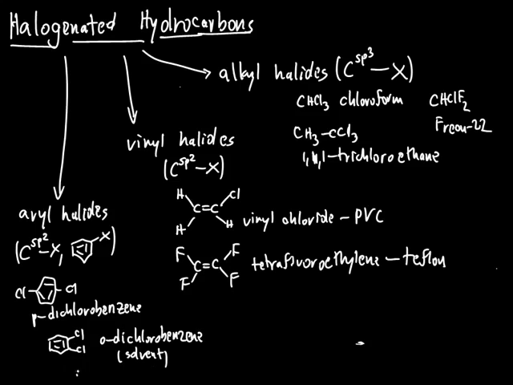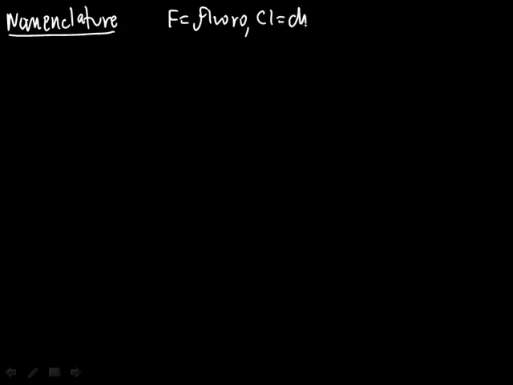In terms of the nomenclature of haloalkanes, this nomenclature is really a very straightforward derivation of the nomenclature of alkanes. Basically, halo groups are treated as substituents, so F would be a fluoro substituent, Cl would be a chloro, Br would be bromo, and I would be iodo.